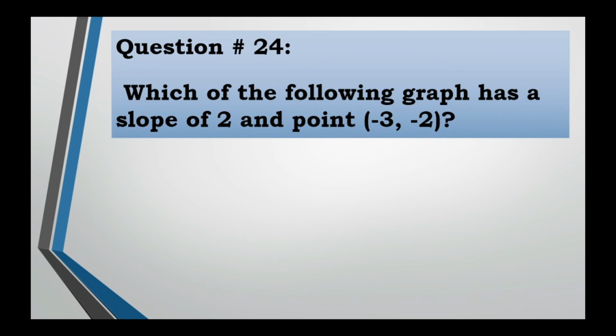Question number 24. Which of the following graphs has a slope of 2 and passes through the point -3, -2?